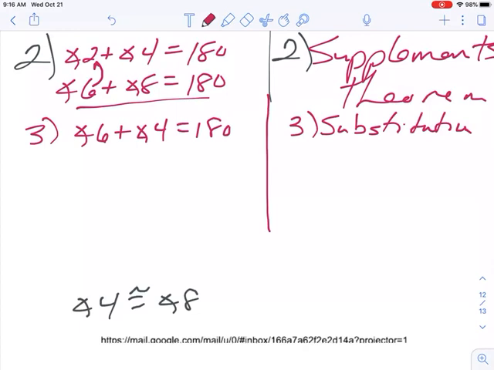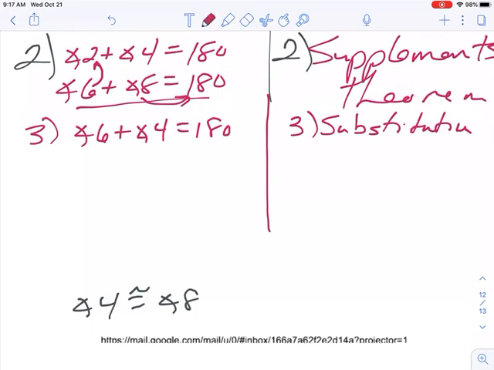I'm going to take this bottom equation here, and I'm going to move angle 6 over to this side. So I'm going to have angle 8 equals 180. No, I'm not. I'm going to move angle 8 over to that side. Moving angle 8 over to here. Scissors. Get rid of that.